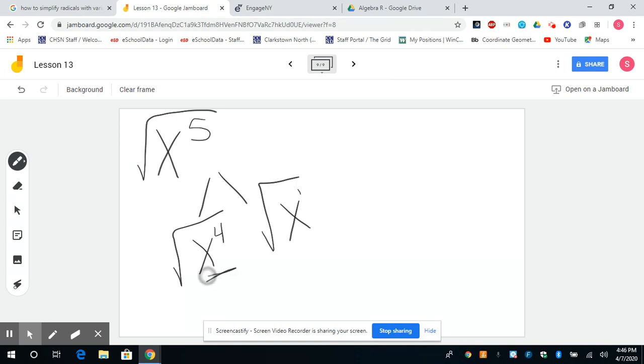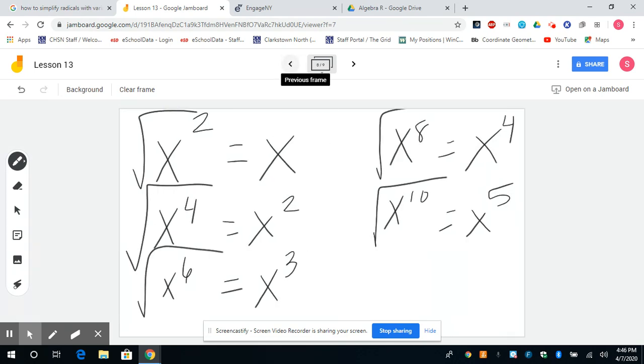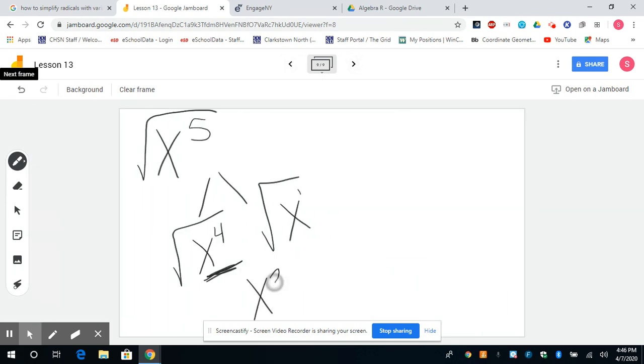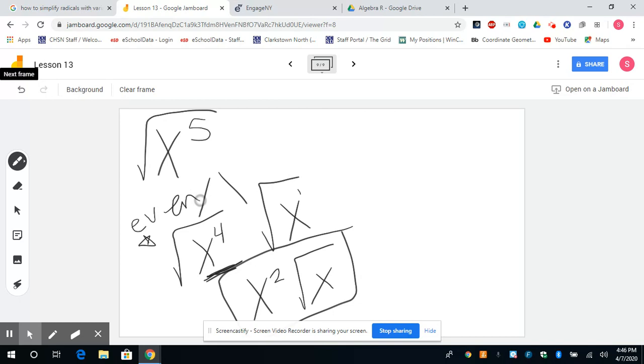That way we have an even exponent and we can take the square root of it. So the square root of x to the fourth, if we go back, is x squared, and then we're just left with this. Okay, so whenever you have an odd exponent under the radical for these variables, you want to make one even and one that's odd, usually the one less than.